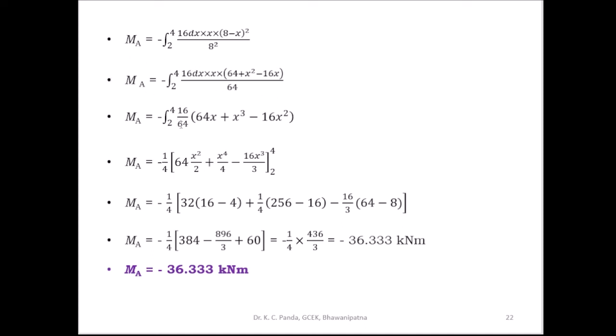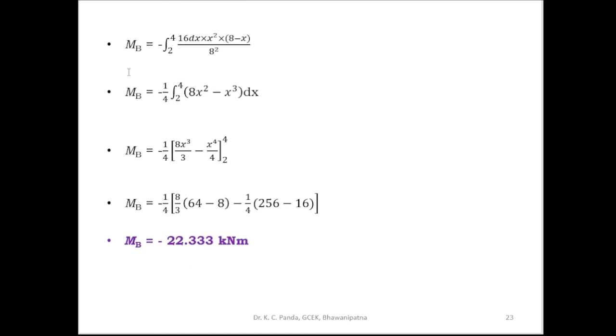After taking the integration and putting the limits 2 to 4, you get the moment at end A, MA is equal to minus 36.333 kilonewton meter. Similarly, MB is minus integral from 2 to 4 of 16 dx into x square into 8 minus x by 8 square. After integration and putting the limits 2 to 4, you get the moment at end B, MB is equal to minus 22.333 kilonewton meter.